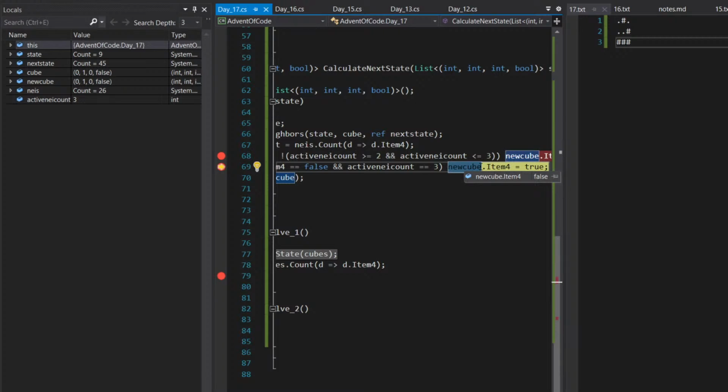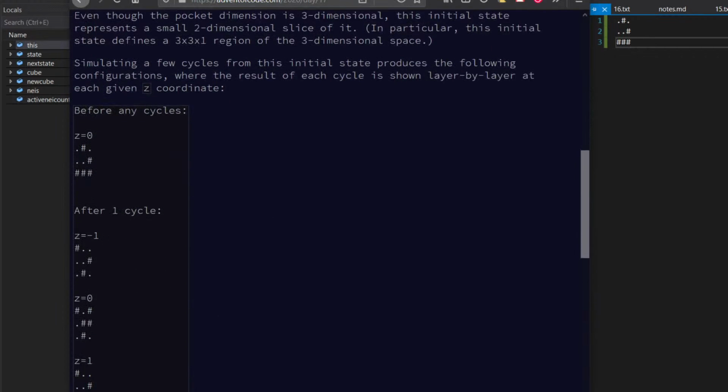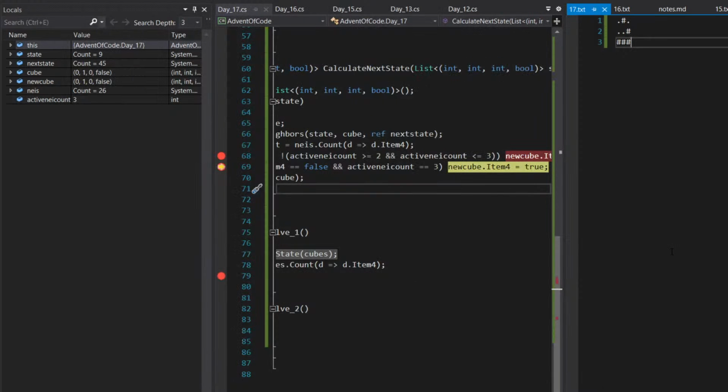All right, so cube 0, 1, 0, we're saying that 0, 1, 0, which is this guy right here. We're saying this guy becomes active. No. Zero, 1, 0.